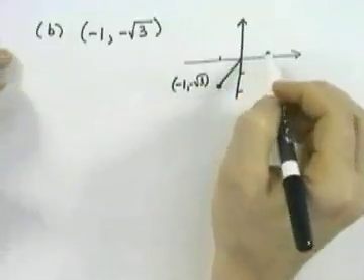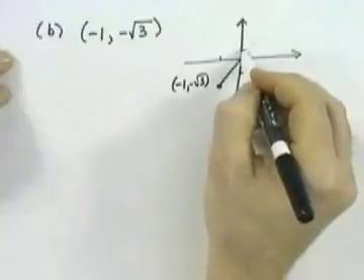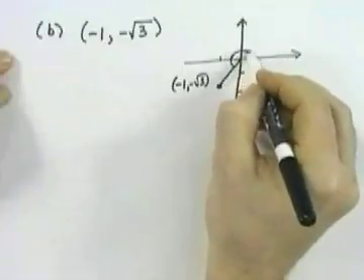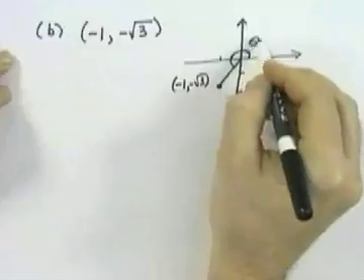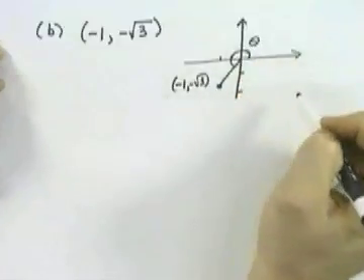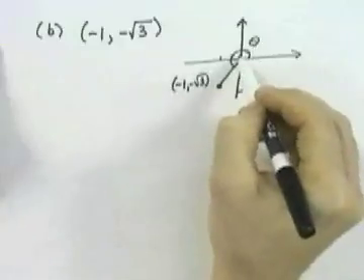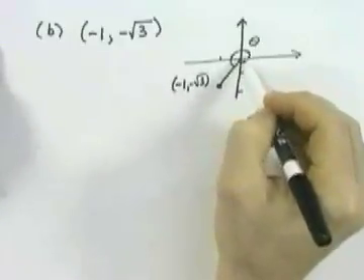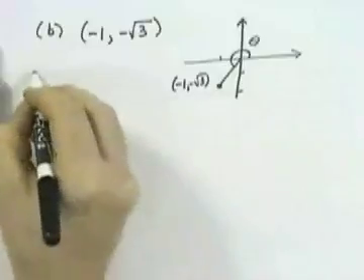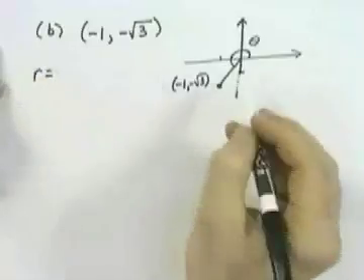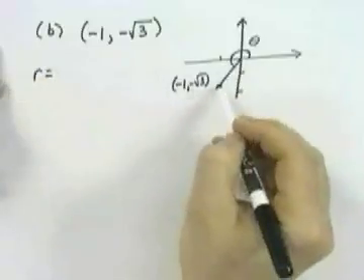We have many choices for our angle theta. Suppose that we're going to find our angle theta to be the positive angle whose terminal side is in the third quadrant. So we know theta is going to be between π and 3π/2. First, we'll find the value of r. Remember, r is the distance from the pole to the point.